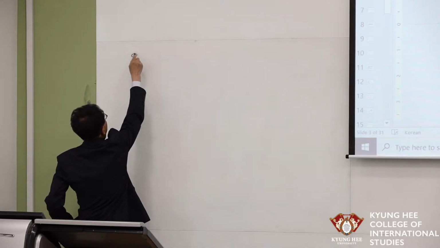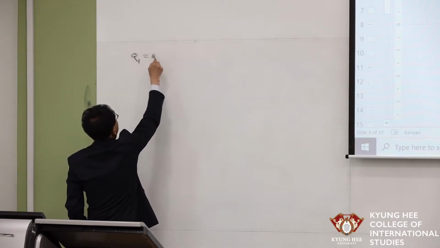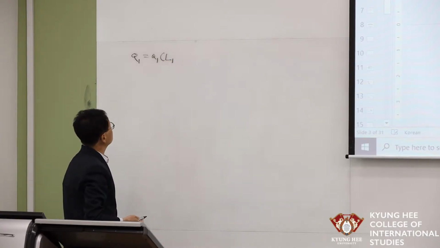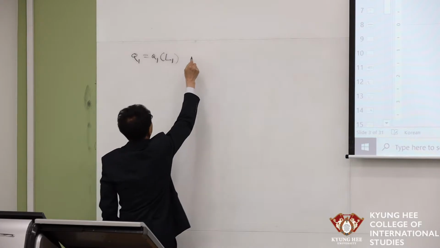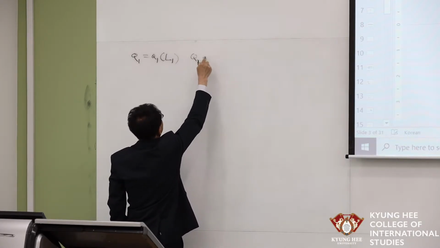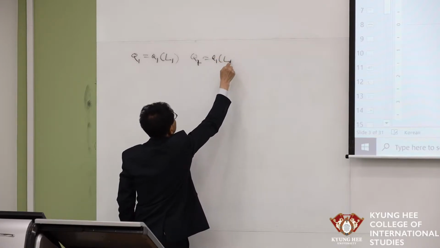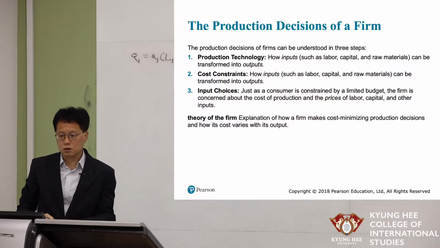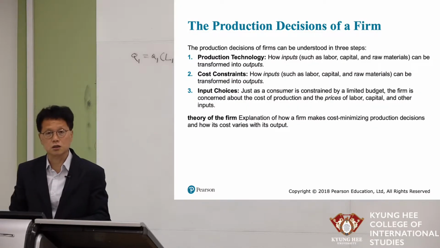For example, Q is a function of labor L. That is the one factor model. And for 2 variable inputs, Q is a function of labor and capital. That describes production technology.